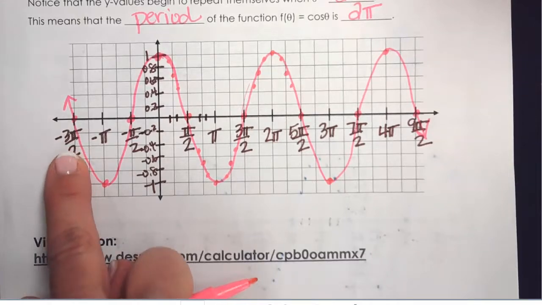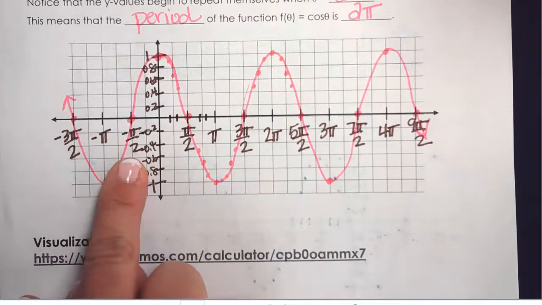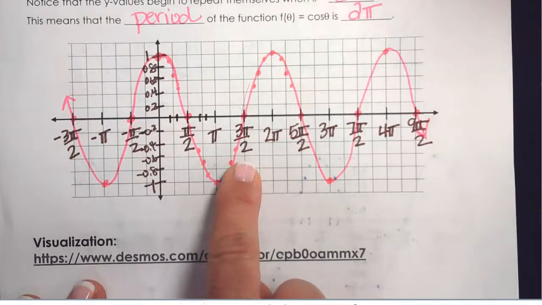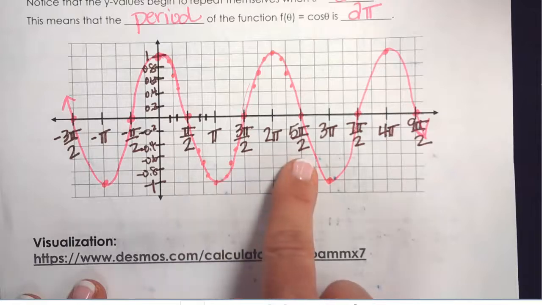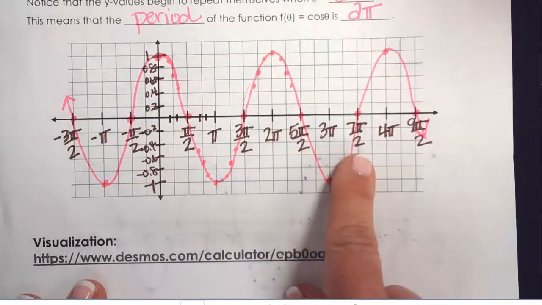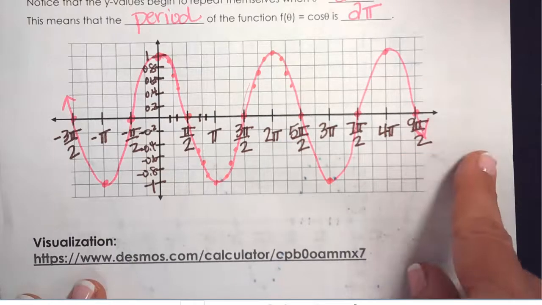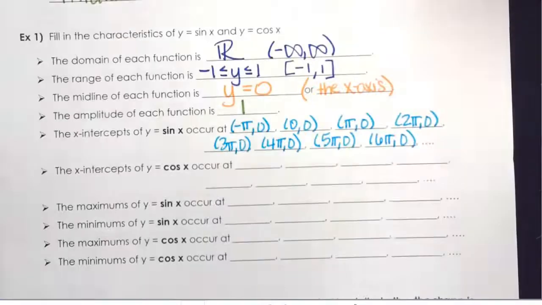So we have negative 3 pi over 2, and then negative pi over 2, and then pi over 2, then 3 pi over 2, 5 pi over 2, 7 pi over 2, 9 pi over 2. What would the next one be? 11 pi over 2. So kind of like the odd numbers over 2 there.